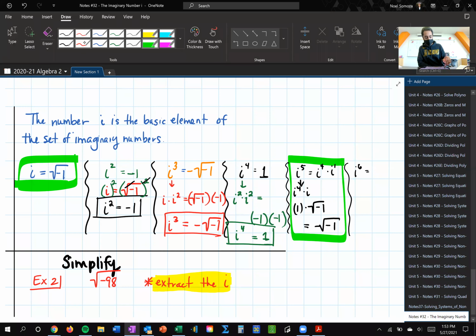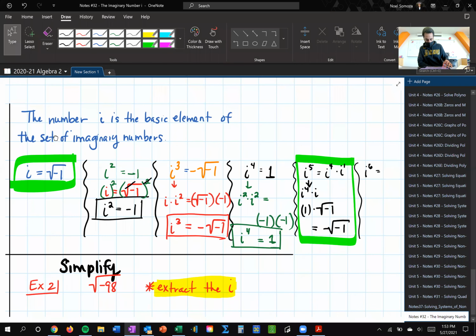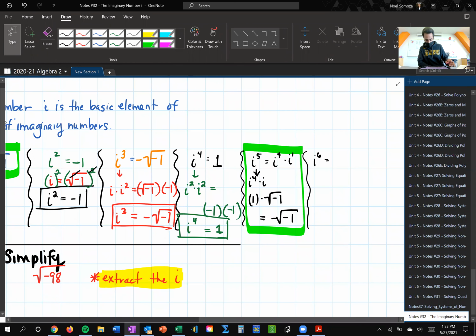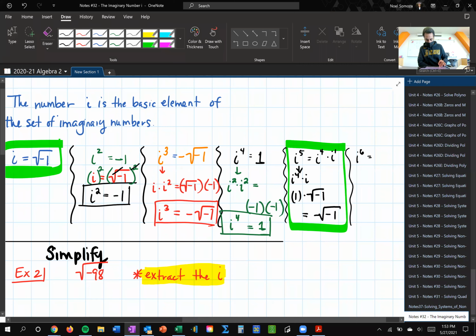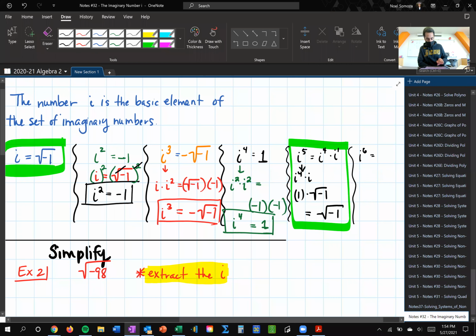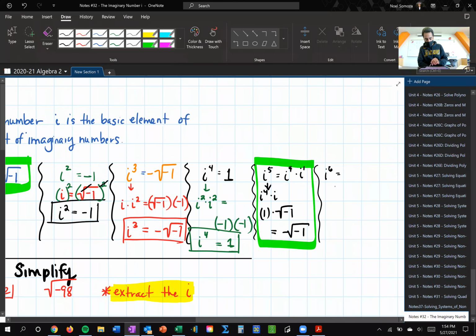Guess what I to the sixth power is going to be? Well, if you were to follow the pattern, now that we cycled back, what is I to the sixth? Well, I to the sixth is I squared times I squared times I squared.